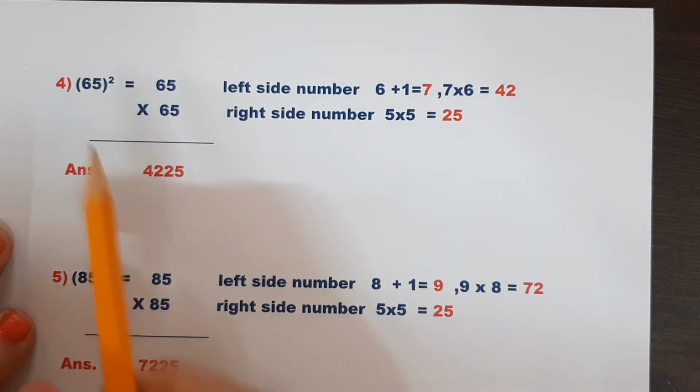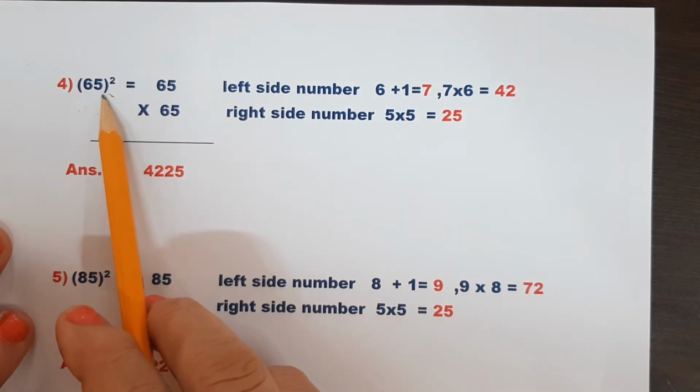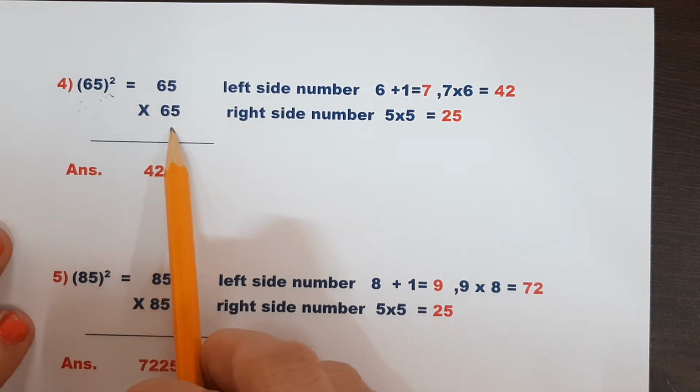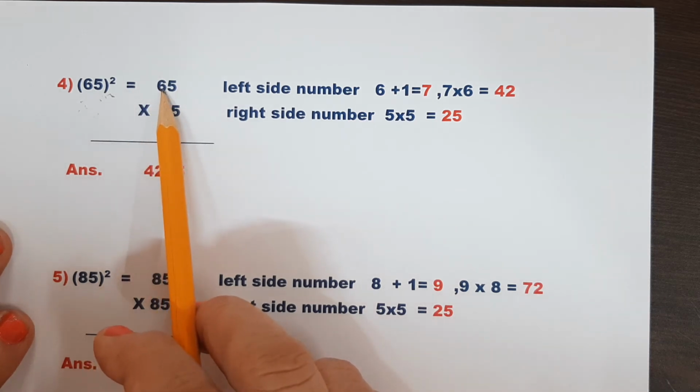Okay, now the fourth example is 65, and the number ends in 5. 65 multiplied by 65. The left hand side figure is 6.